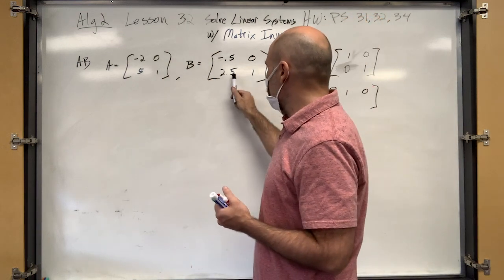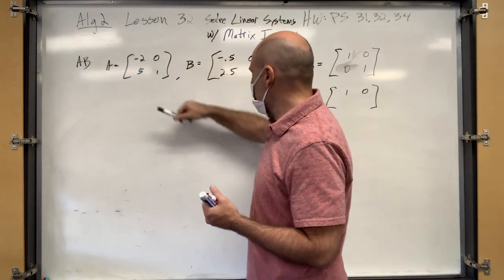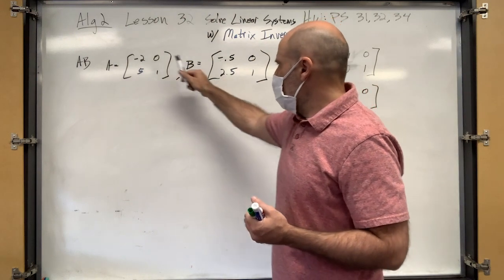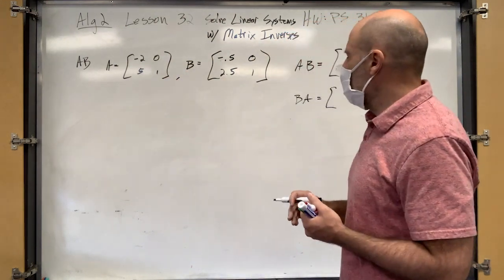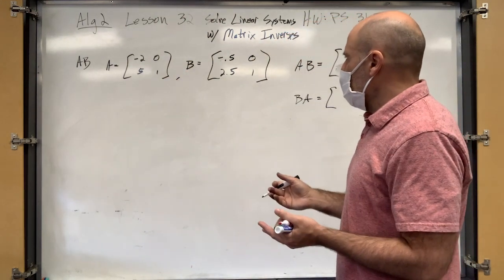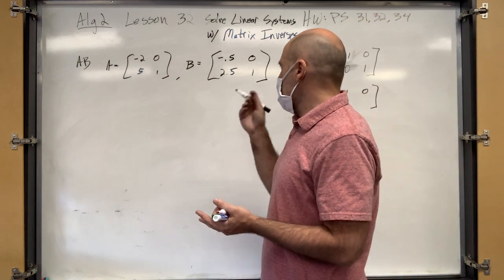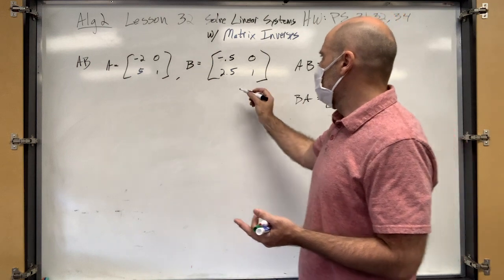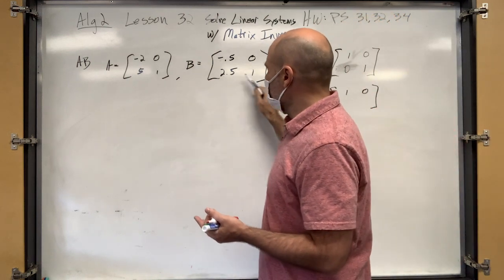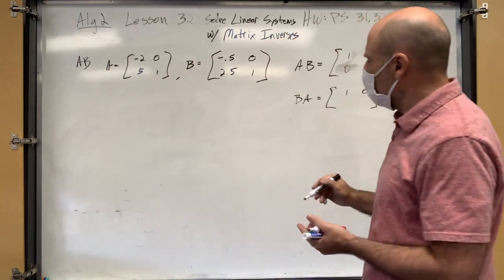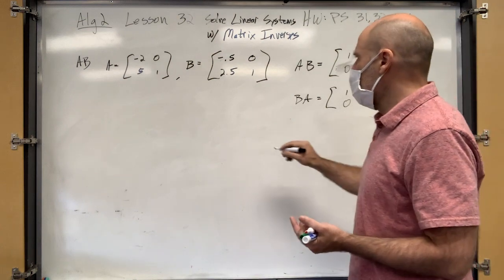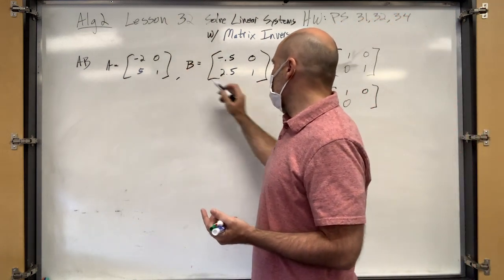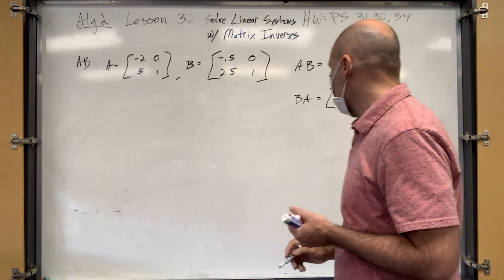Okay, and then I do multiply this row times these columns. So -2 times 2.5 is like, what is that? -5 plus 1 times 5 is 5, so -5 plus 5 is 0. And then 2.5 times 0, 1 times 1 is 1, so you still get that.